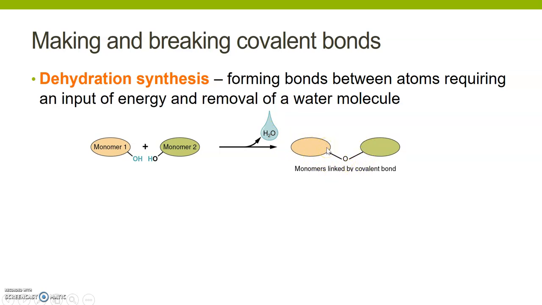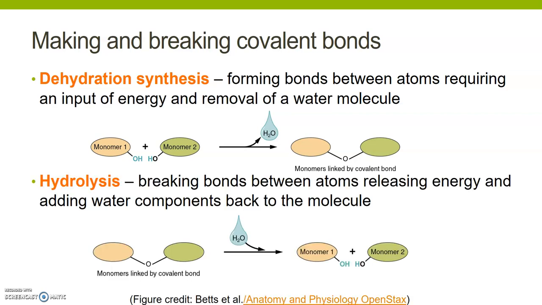Now, in order to do this, we typically do need some energy. Energy is going to have to be put into this, and we'll talk a little bit more about energy in our enzyme lab. Then the other thing we need to do is take our bonds and break them. So we need a hydrolysis reaction, which is kind of the reverse.